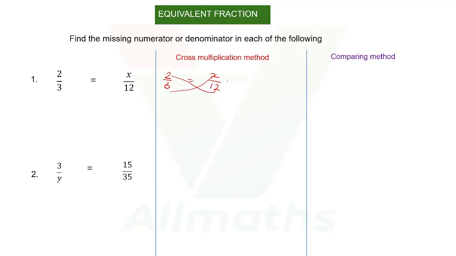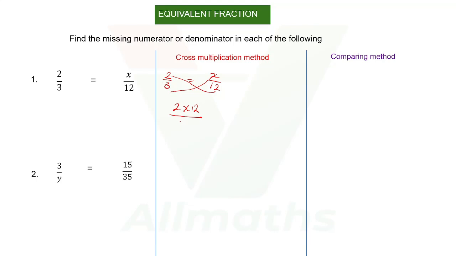So having that settled, which of these fractions are we writing first? The pair that is complete. The pair that is complete is what we are writing first. So 2 and 12. We have 2 multiplying 12 on the first one, but divided by the remaining number, which ought to be the pair for x, right?